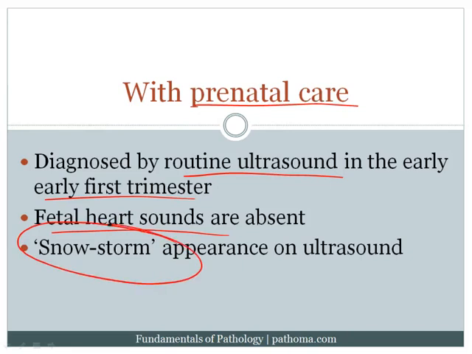So that's a classic finding on ultrasound when there is prenatal care. So passing of grape-like masses if there is no prenatal care, and a snowstorm appearance with a lack of fetal heart sounds if there is prenatal care.